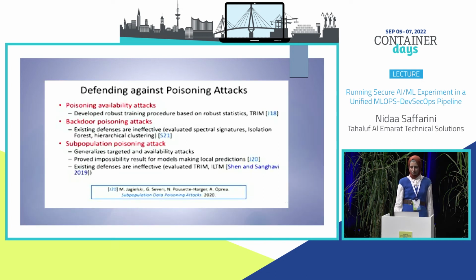For poisoning attacks, we need to defend against them. Even with this kind of security principle, it's very difficult to defend because we need real-time monitoring, and monitoring for backdoors, for any unrecognized behavior inside the machine that has those models.